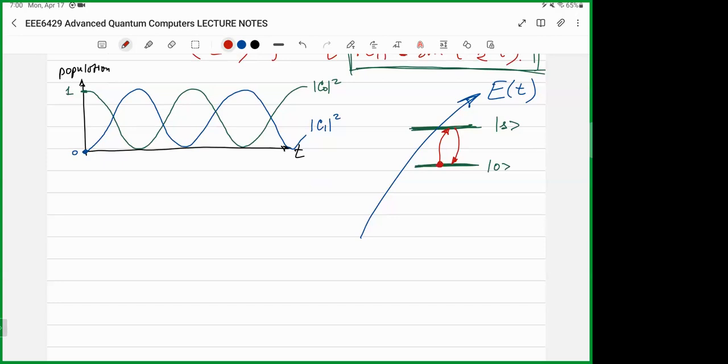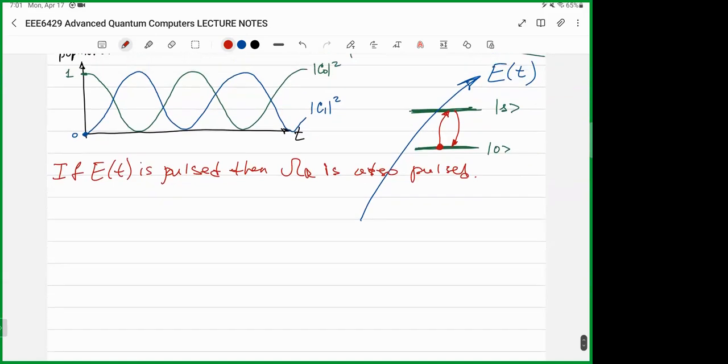But what if the electric field is pulsed? If the electric field is pulsed, then the Rabi frequency is also pulsed. If E(t) is pulsed, then omega R is also pulsed.